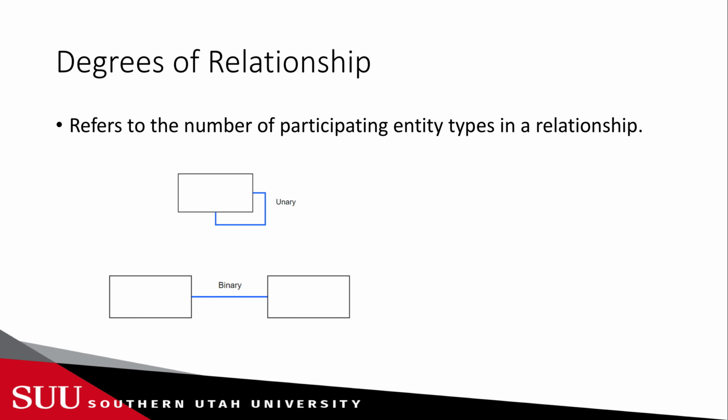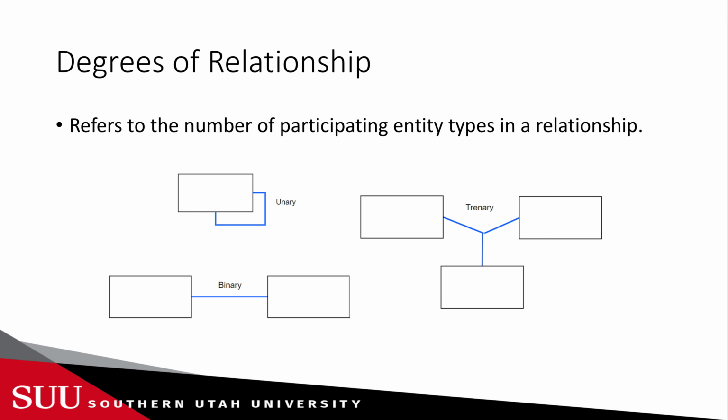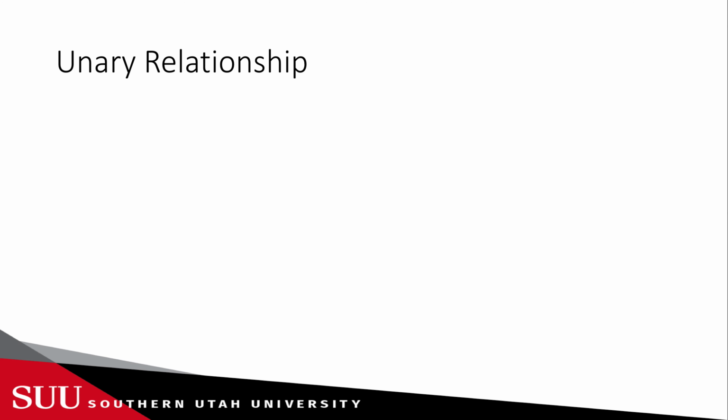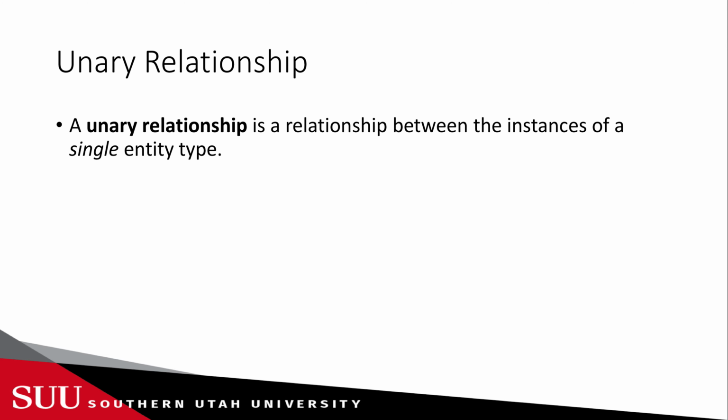The most common one, which is the one that you will face most of the time, is the binary relationship when we have two entity types participating in that relationship. And then we have the ternary relationship where we have three entity types participating in a relationship. So let's look at each one and have some example.